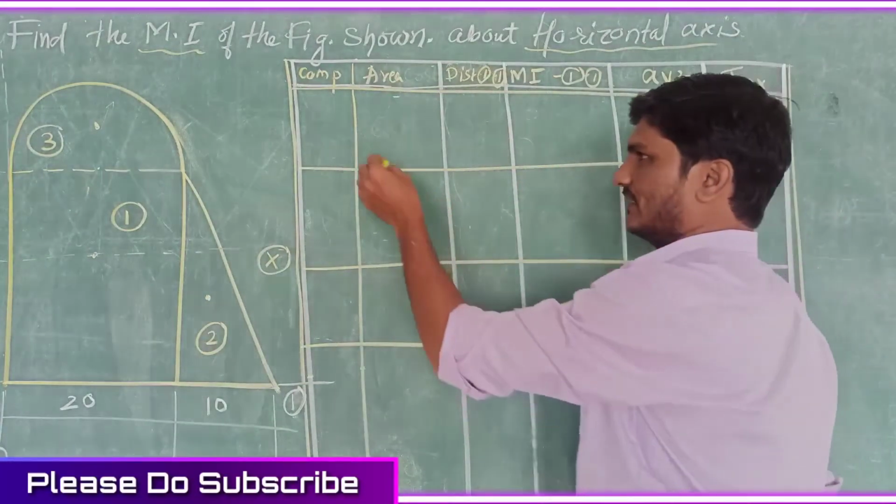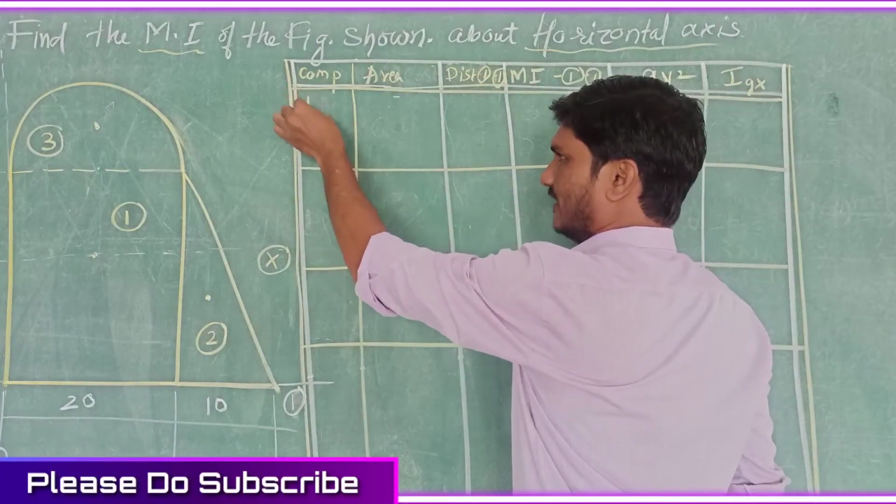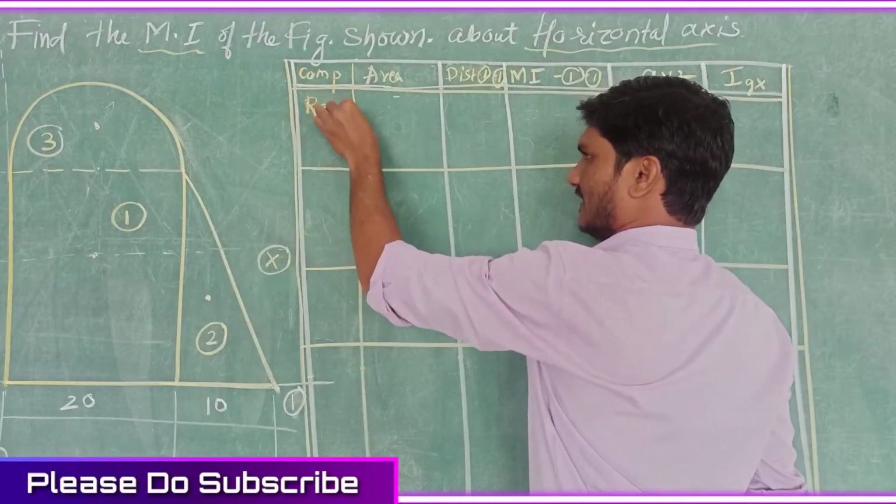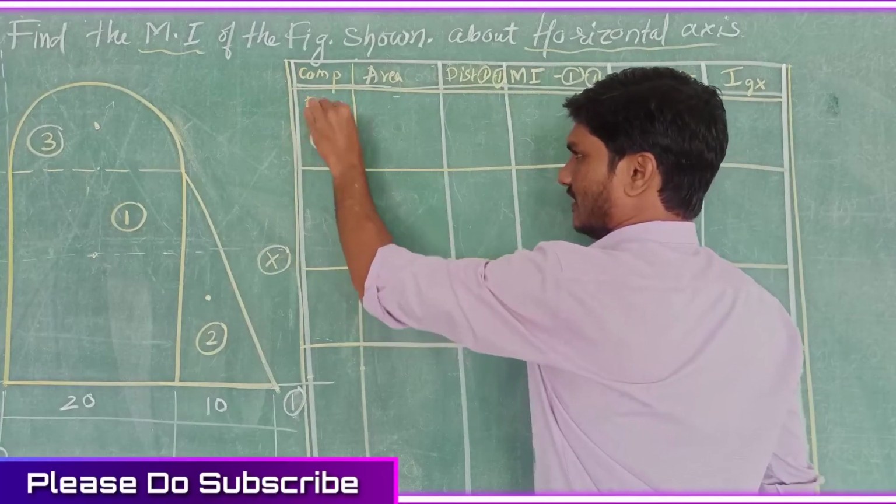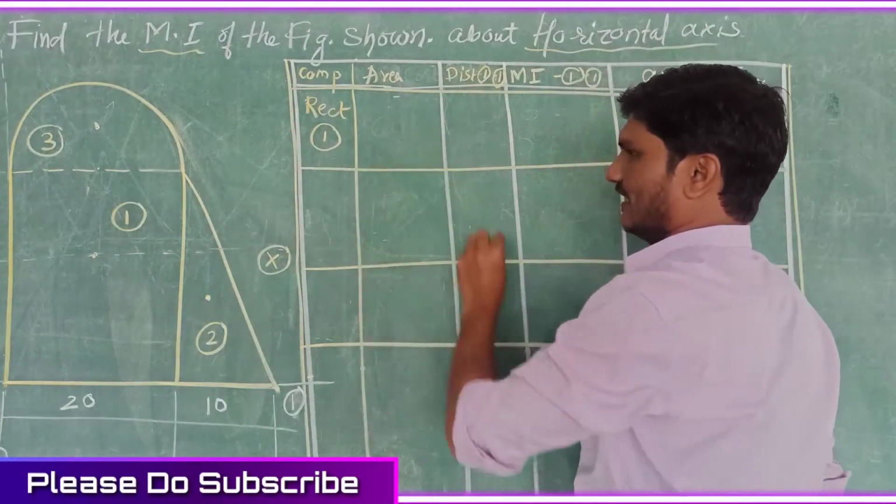First component is a rectangle, that is section 1, and their area.